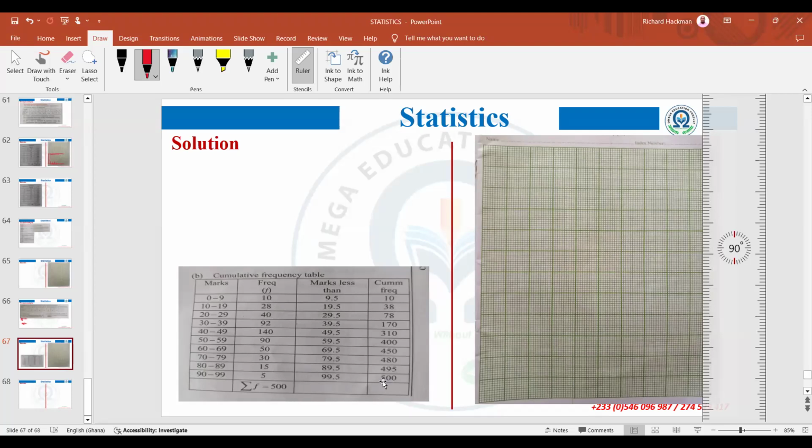But how do you get to the total frequency? If you come to the second max less than, you said max less than 19.5. So it means if you scored between 0 and 9.5, you are part of max less than 19.5. If you scored between 10 and 19.5, you are still within that less than 19.5. I don't know if you get my point.